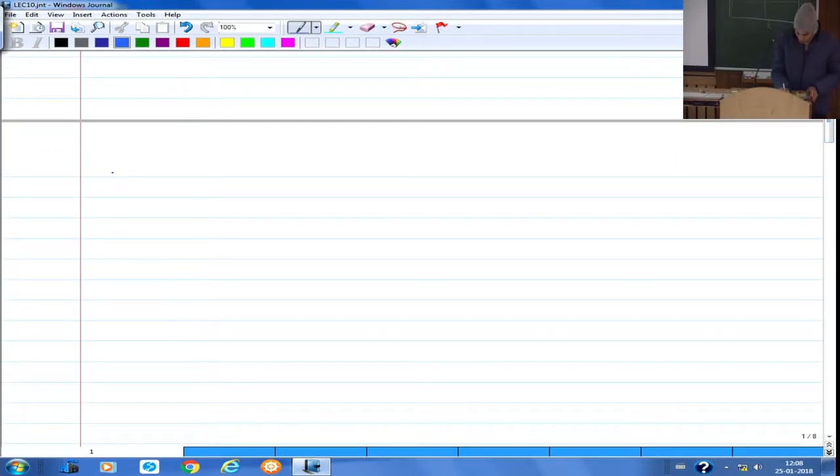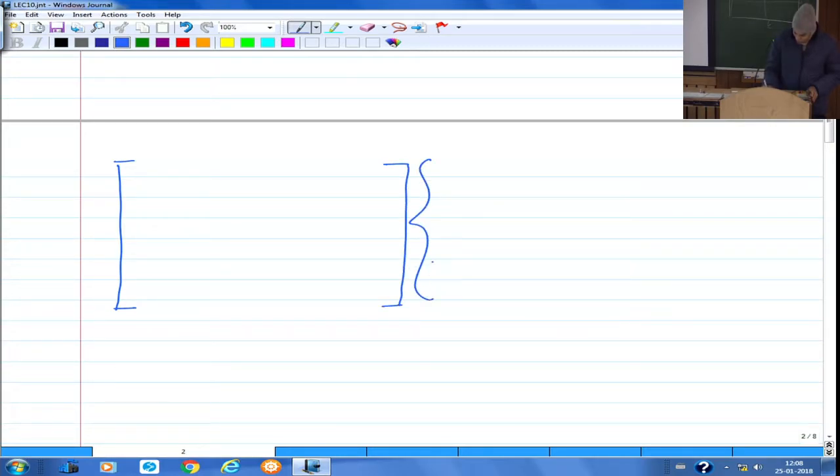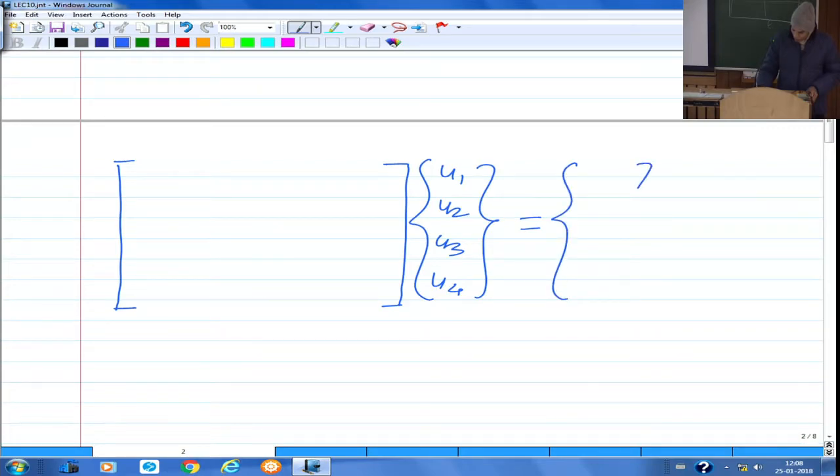Let me write it here so that I have more space to write the stiffness matrix. So your left hand side is the stiffness matrix, the vector of unknowns is the global unknowns u2, u3, u4, is equal to, on the right side you will have the external load vector contribution, and this side the internal load vector contribution.